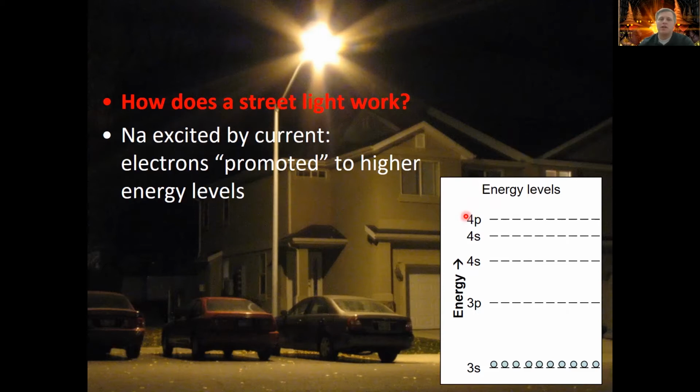So if you flow electrons through it, it causes it to heat up. And so some of that heat that you're giving to your sodium atoms gets imparted to the electrons in the sodium atoms. So now we're not talking about the electrons that are flowing through the sodium, but the electrons that are already there. Those electrons can get excited to higher energy states.